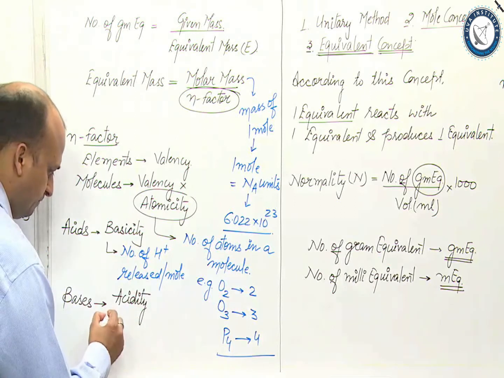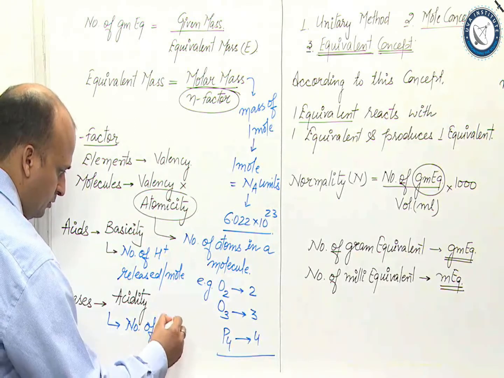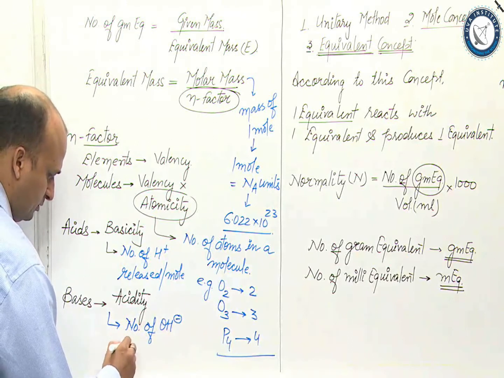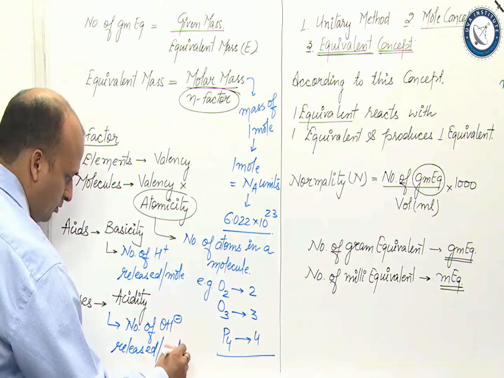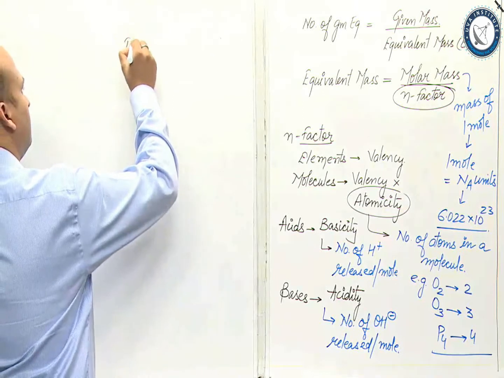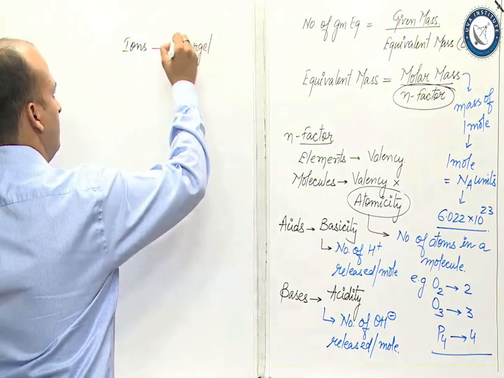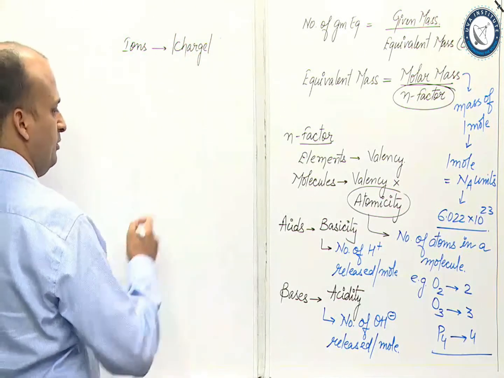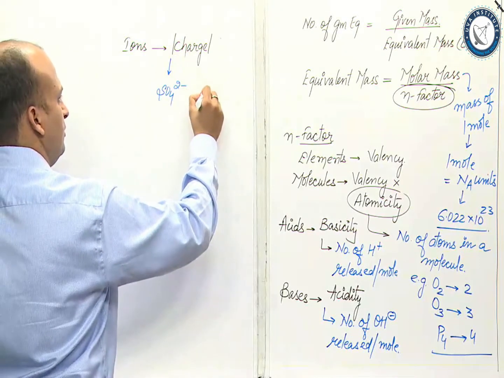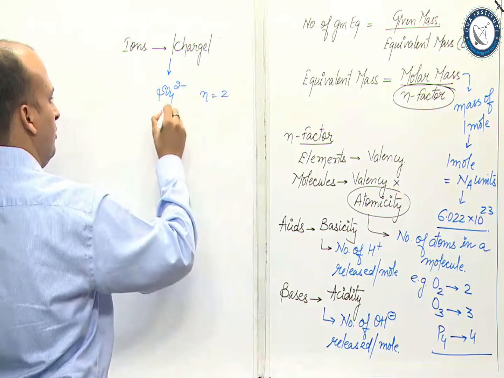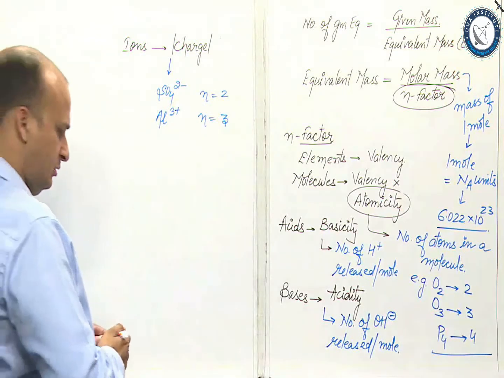What is acidity? The number of OH minus ions released per mole. For ions, it is equal to the magnitude of charge. For example, for sulfate ions, the n factor would be 2; for Al3 plus, n would be 3. Likewise.